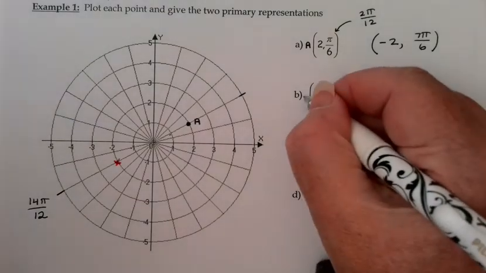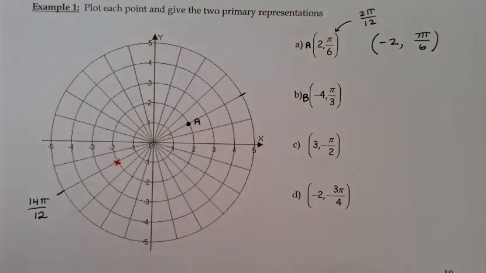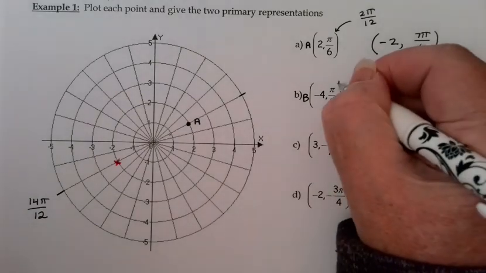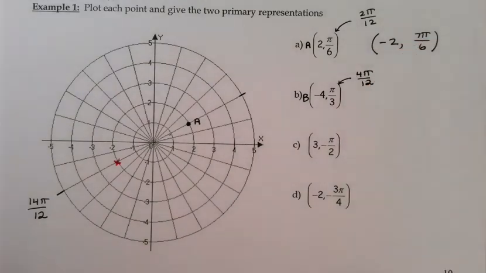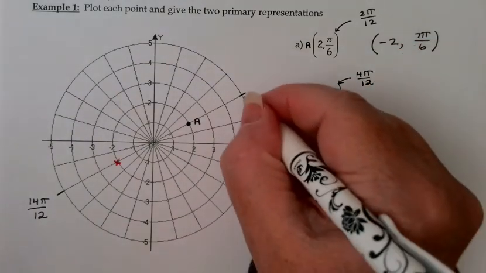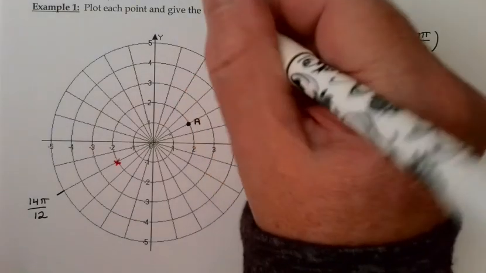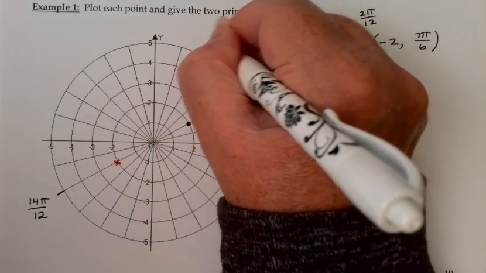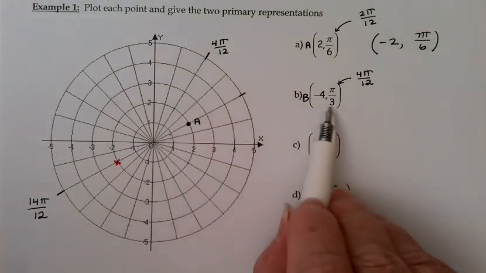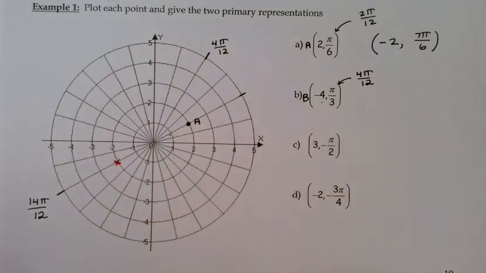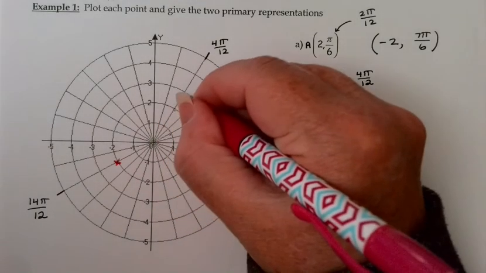All right, let's do this second one. I'm going to call this point B. This point is negative 4, pi thirds. So what does that tell me? First of all, pi thirds is the same as 4 pi over 12. So if I go to 1, 2, 3, 4 right here, the point that's 4 units out from the origin here is not the actual point.